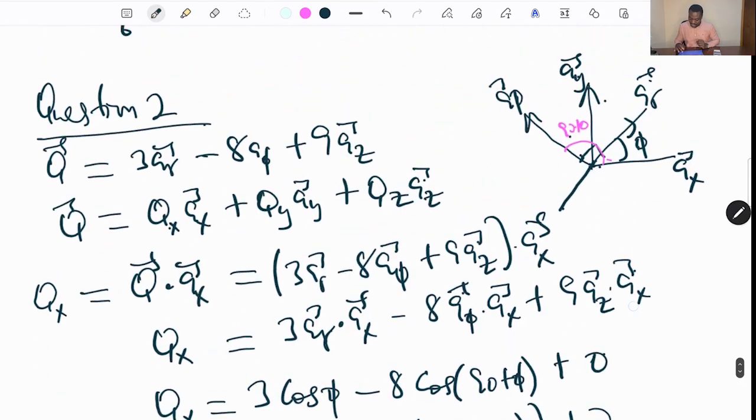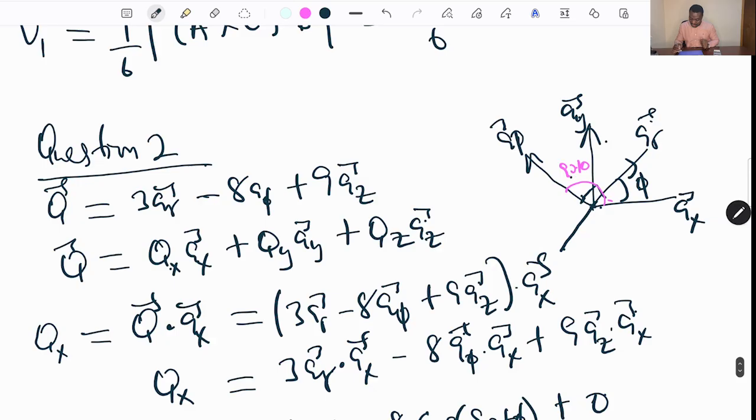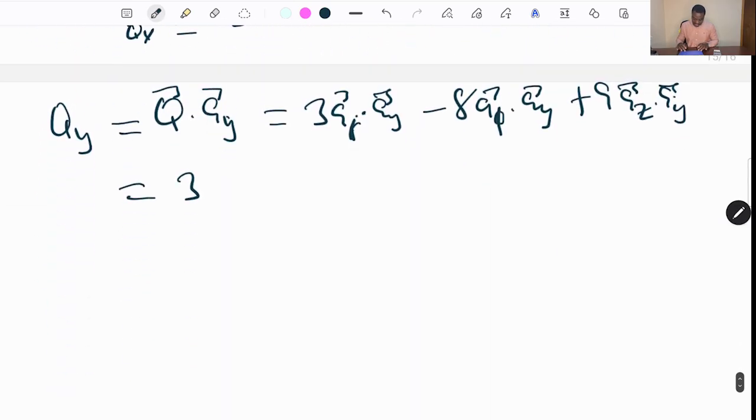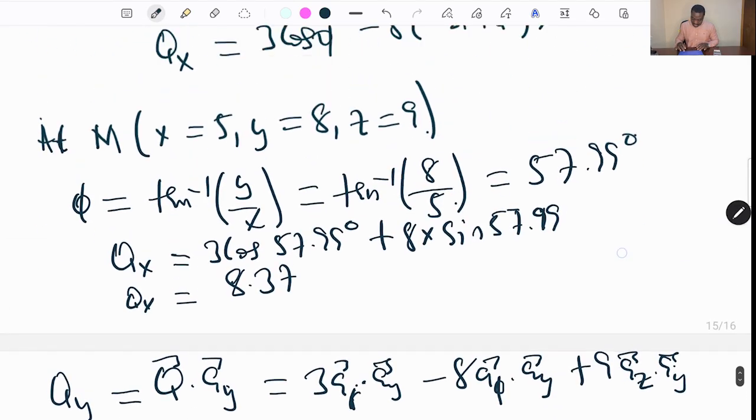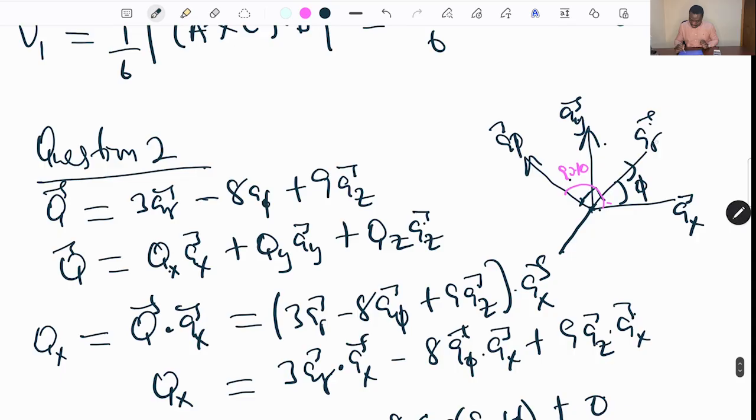Again, we can use the diagram that I have. Where is my A_R? A_R here, A_Y. You can see that with phi, and the whole of this being 90 degrees, the angle between A_Y and A_R will be 90 minus phi.